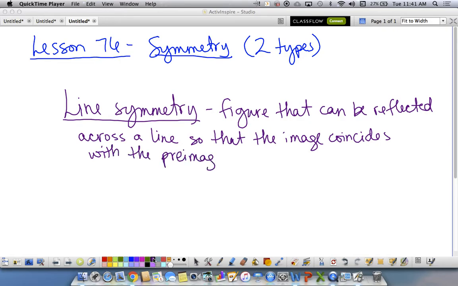If you remember, we didn't really talk about it when we did reflections, but the pre-image is the one you start with. The image is what you have reflected, okay?